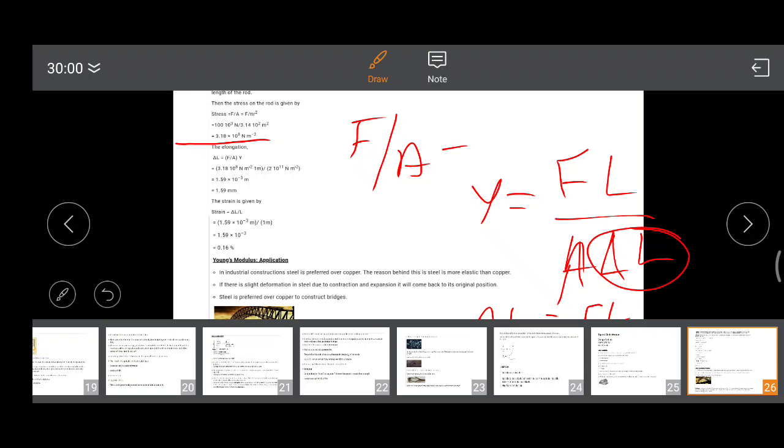Two or three equations are there, and on the basis of the equations, you have to change and substitute the values to find the various values in the questions. The same equations only you have to use.